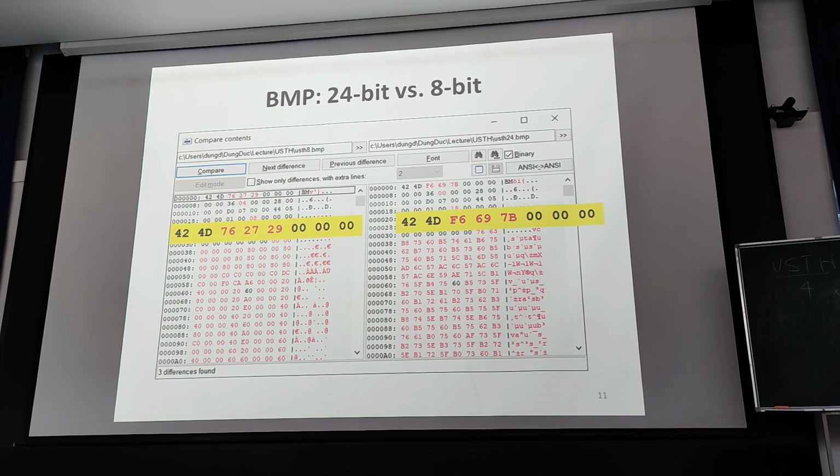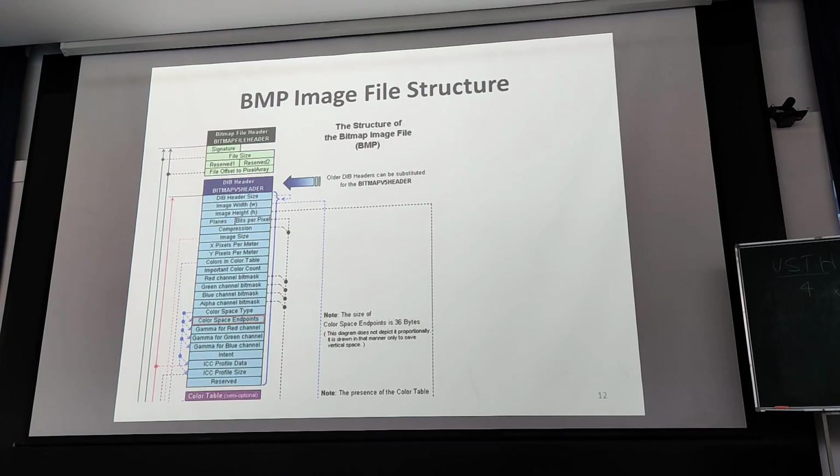Now, this is the structure of a bitmap file, because today if you do coding, if you do programming, and you have to open a bitmap file, you have to read every byte. We have to study the structure of a bitmap file. And the ISO organization documents that every bitmap file should have this structure.